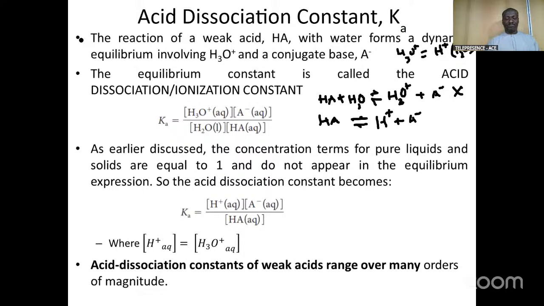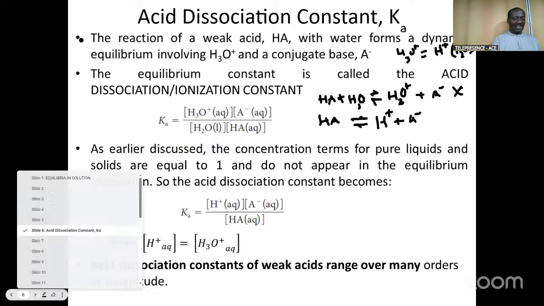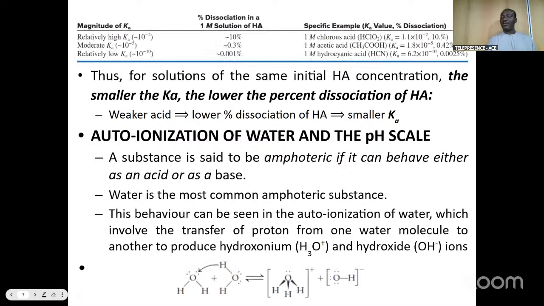I've explained all this above. The acid dissociation constant for weak acids ranges over many orders of magnitude, so let's see an example in the next slide. You can see here in the table, when the Ka is relatively high, the percent dissociation is about 10%.